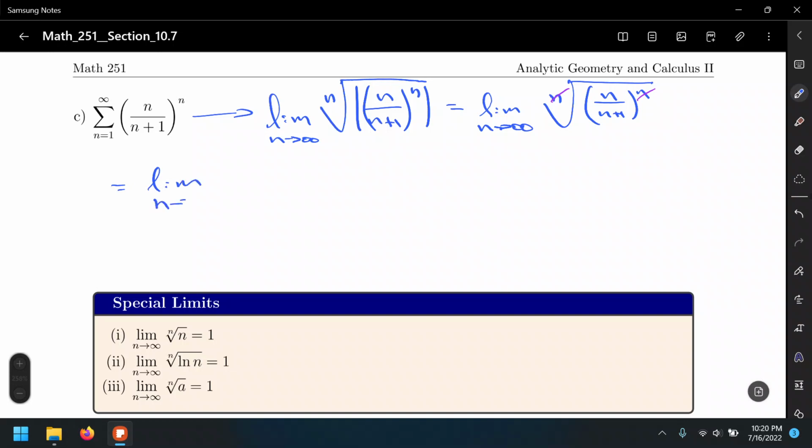The limit as n approaches infinity of n over n plus 1, which equals 1. Sorry about that. And in this case, the test is inconclusive, so we need to go about a different test in this case. All right, so let's see about it.